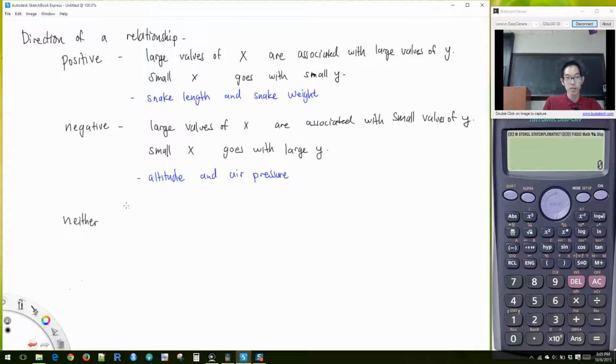Okay, and then neither would be large values of x are associated neither with large or small values of y. And the same goes for small values of x.